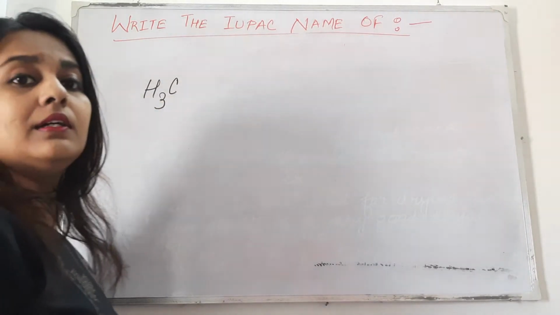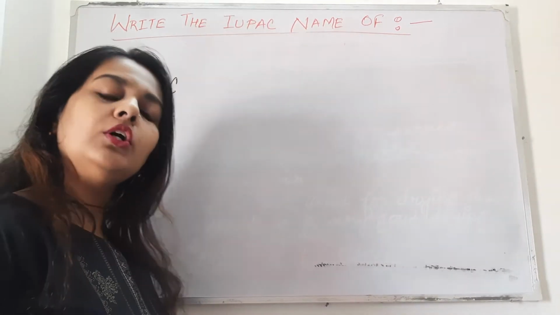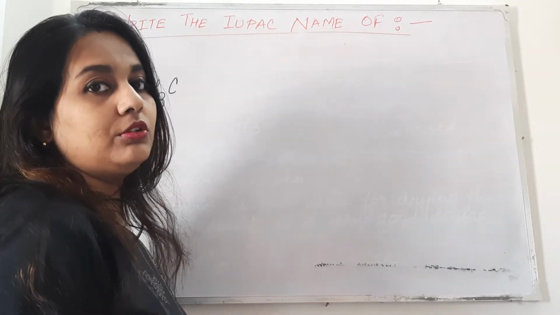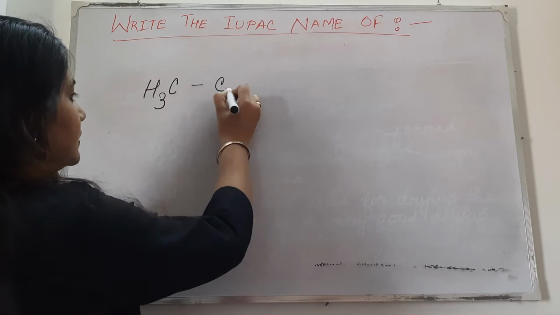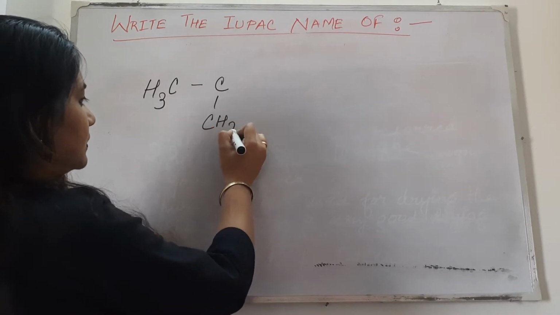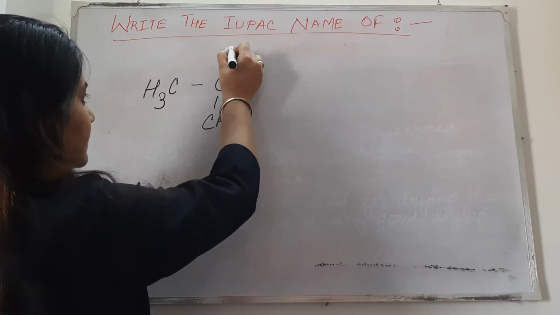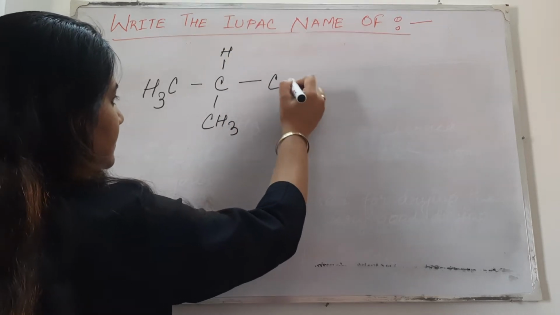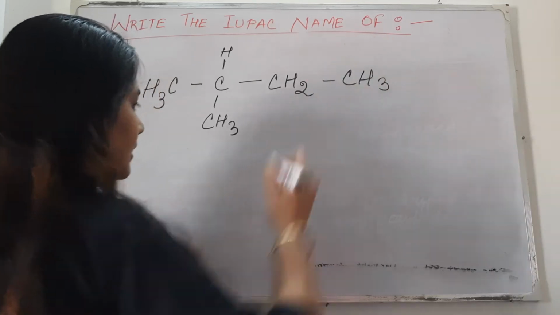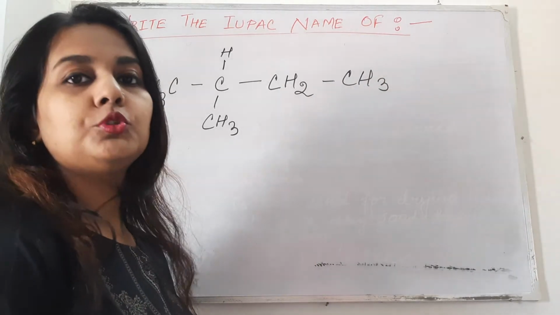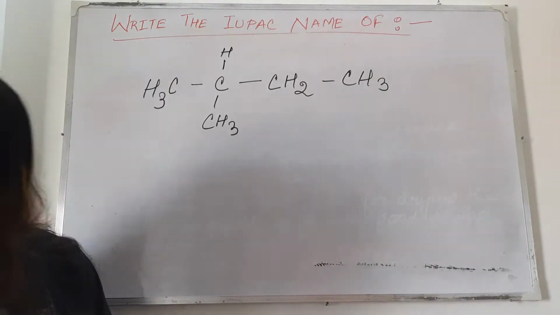Suppose the structural formula is not given but the condensed formula is given. So how to think of that? In this case, how am I supposed to name it?